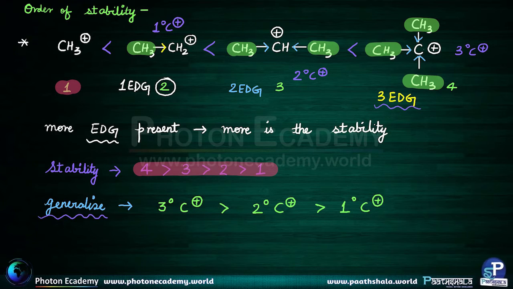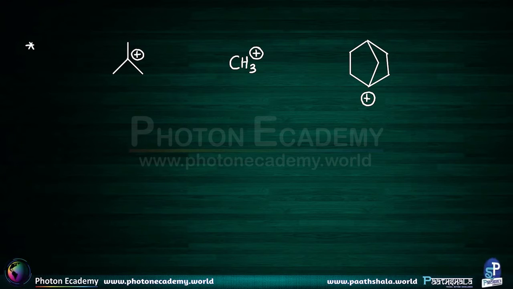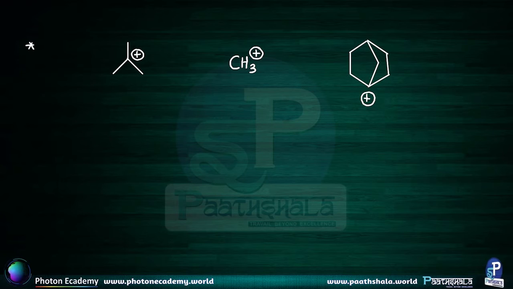Now, moving on, there is one other example that we are going to cover, which is in front of us. In this example, you can see that one particular species is non-planar. Which one is it?